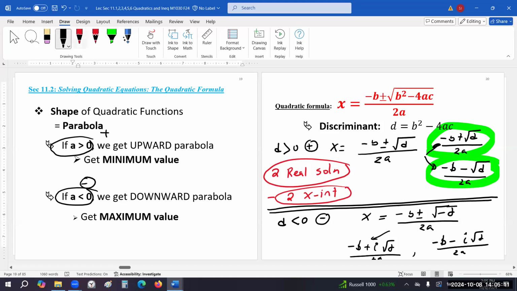So what do we have? Two imaginary solutions. And guess what? When your solution is imaginary, we cannot have any x-intercepts. So we have no x-intercept in this case, because an x-intercept must be real. Imaginary is not possible. Give me 2 more minutes.